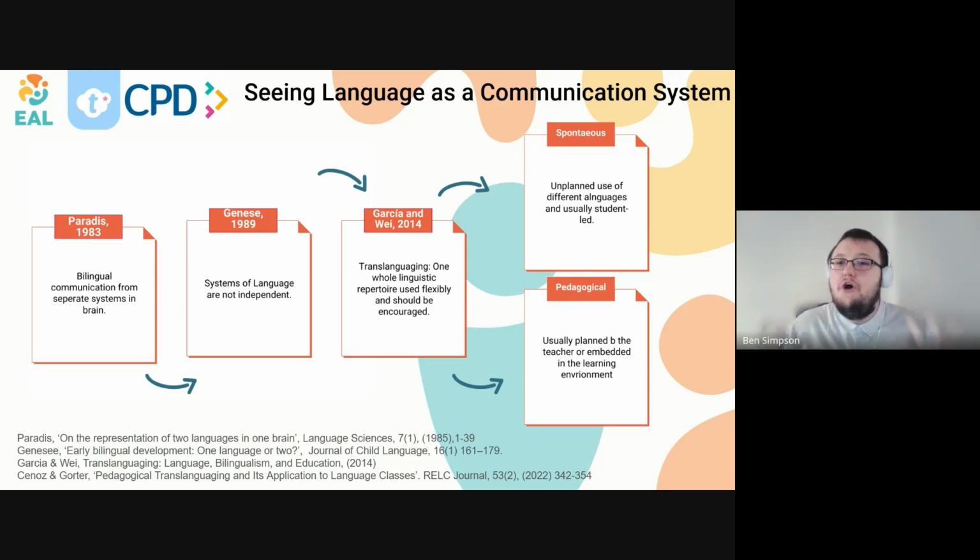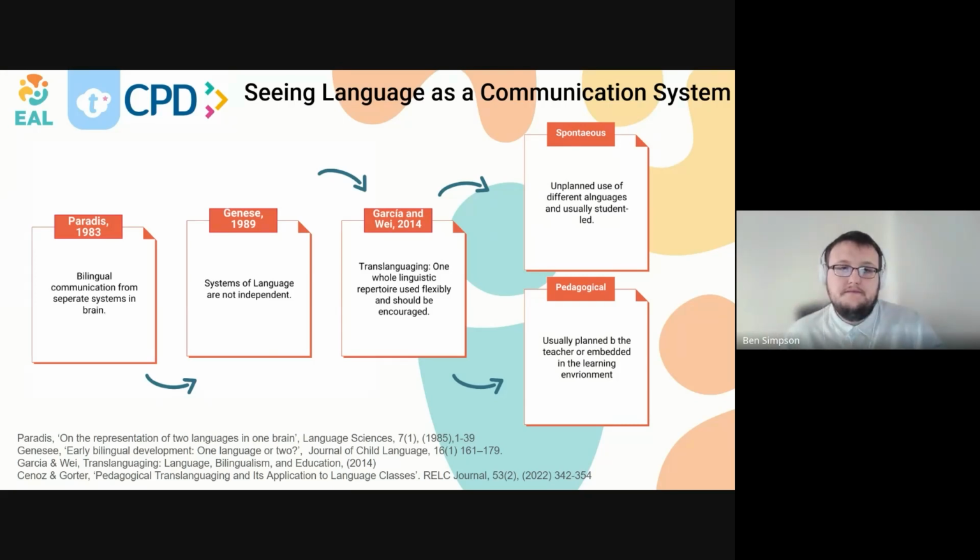So it's an ad hoc use of home language and target language. On the other hand, we have pedagogical translanguaging, which is planned or embedded in the learning environment by a teacher. So this is targeted use of multilingualism. So I hope that makes sense, this transition from thinking of language as singular in separate places to one whole linguistic repertoire.